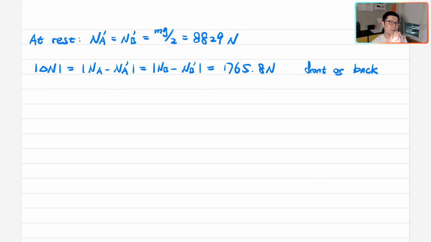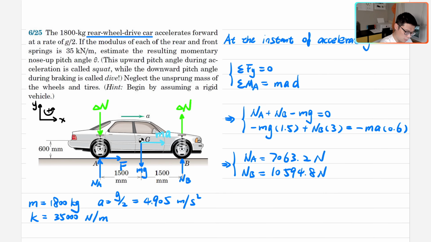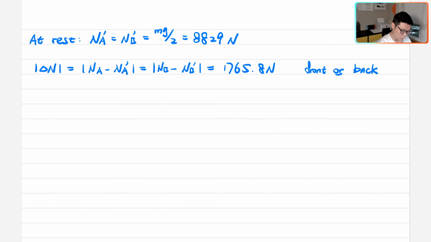Then for the front, per one spring, you need to divide it by 2 again. Remember, you have 2 wheels. This is two springs together giving you this force. So you need to divide it by 2. 2 wheels at the back and 2 wheels at the front.